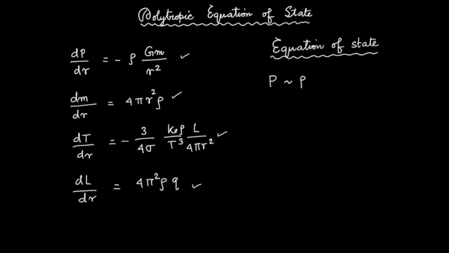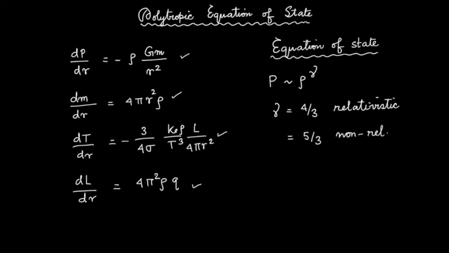P varies as rho to the power gamma, where gamma is 4 by 3 for the relativistic case, and 5 by 3 for the non-relativistic case.